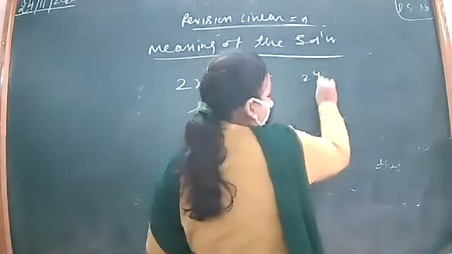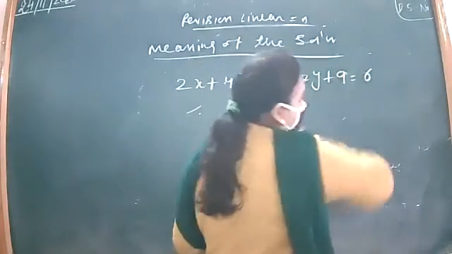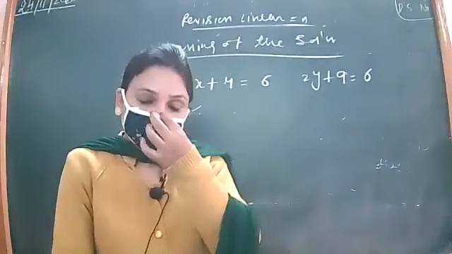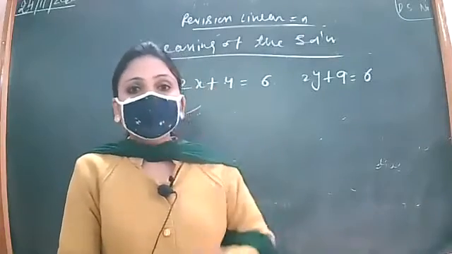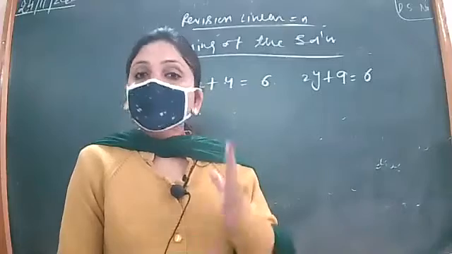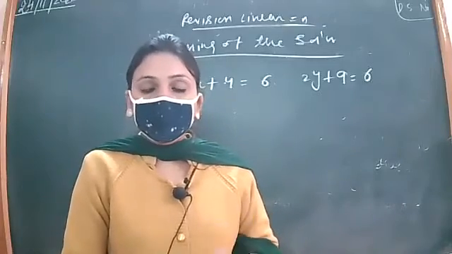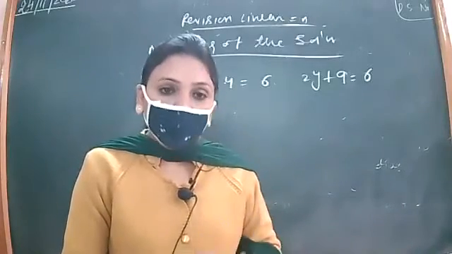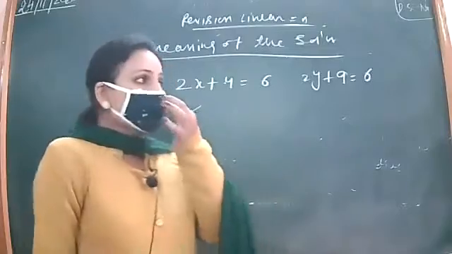If I say solve this 2y plus 9 equal to 6, that means you need to find the value of the unknown y. That means solving the equation means to find out the value of the unknown variable that is involved in the equation, right?